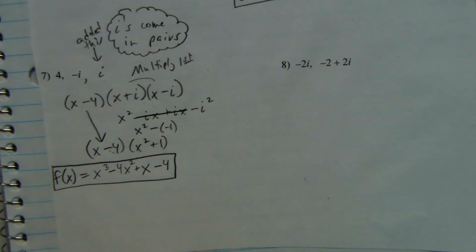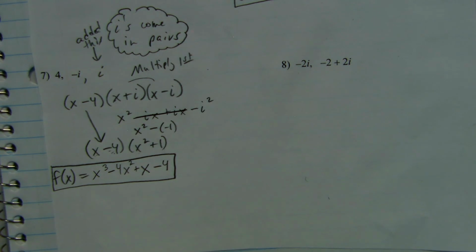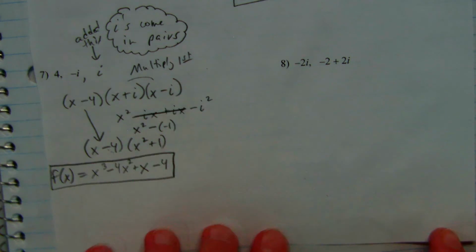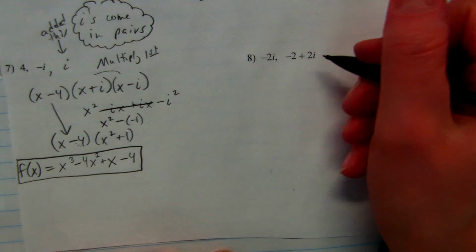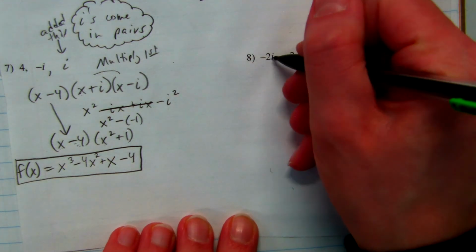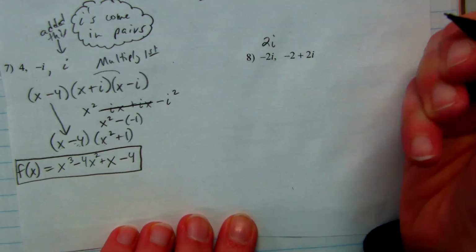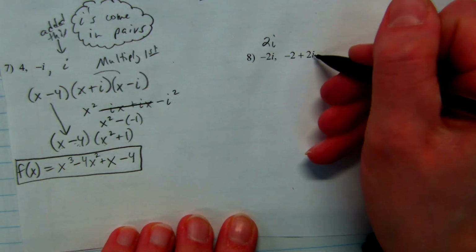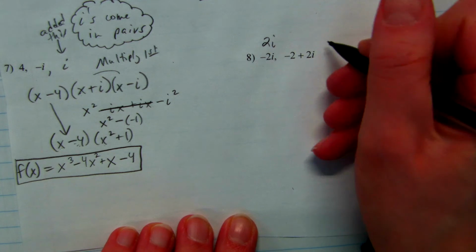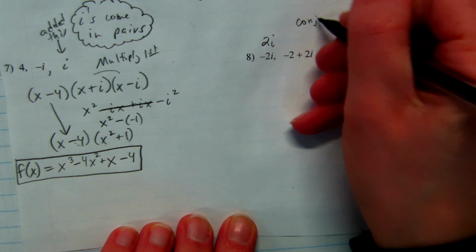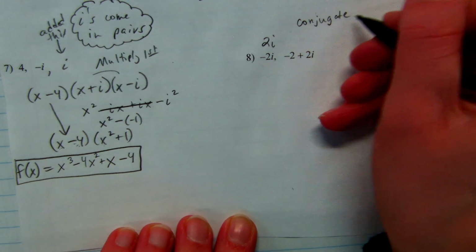Now the last one I saved for the end because it is the most complicated and it is different than this one. I didn't think we were going to have time to do a million of each of these, so we are going to look at this. This one is just regular imaginary numbers, the negative 2i. We can add positive 2i. With this one, we have to add the conjugate, which is something we've talked about way back when we first learned about i's.